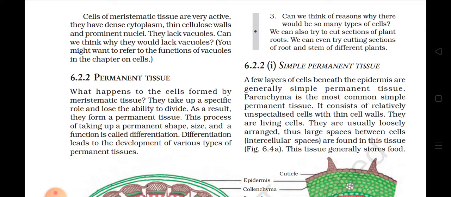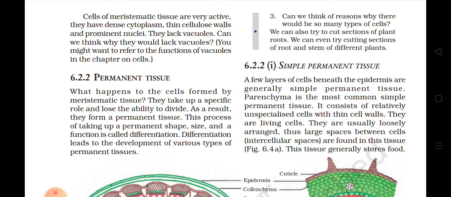Okay, they have dense cytoplasm, thin cellulose wall and prominent nuclei. They don't have vacuoles, they cannot store the food. Okay, why? Because all the food is being utilized. Young kids, they don't know the storage function. Okay, the same as meristematic tissues, we can term them as young tissues of the plant which grow and develop.